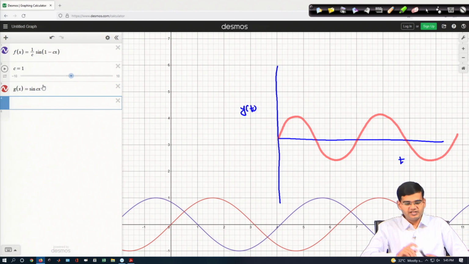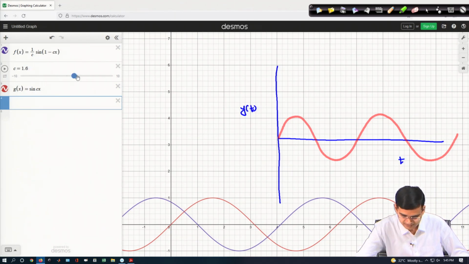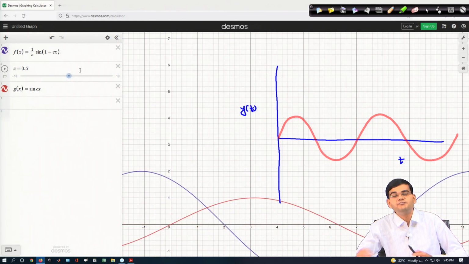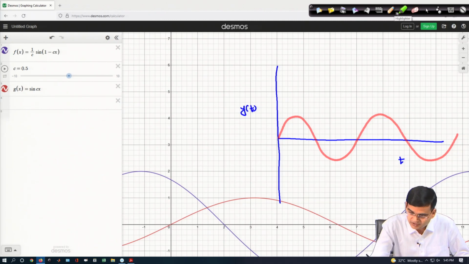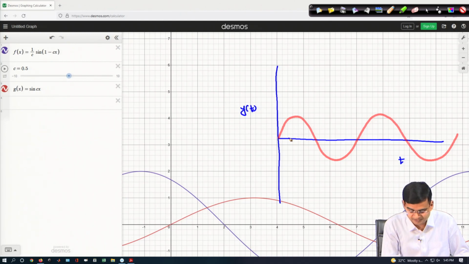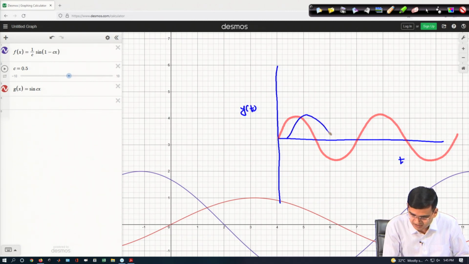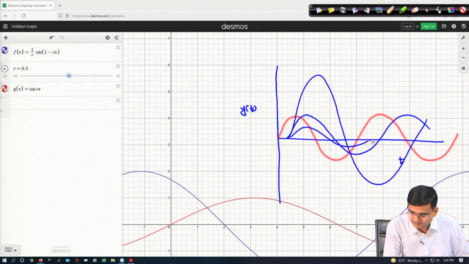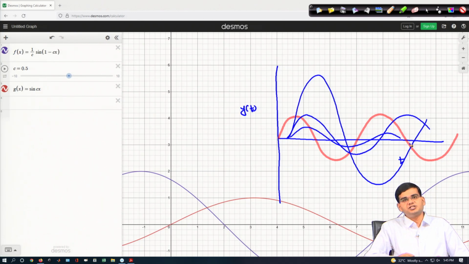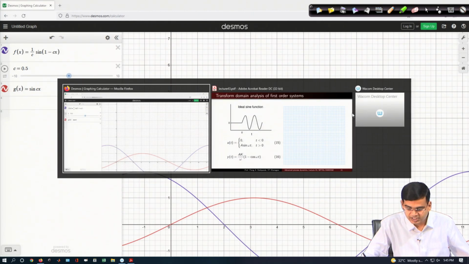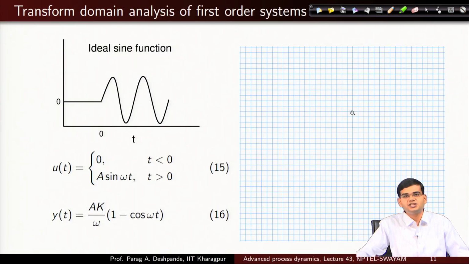Now, we see the behavior. I change c here, and you can see that, depending upon omega, your response will have some phase lag, but the period of oscillation will be the same. So, it can be the same like this, it can be more or it can be less with the same period of oscillation.